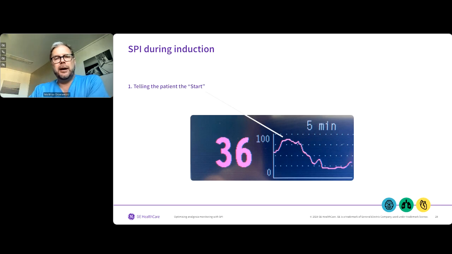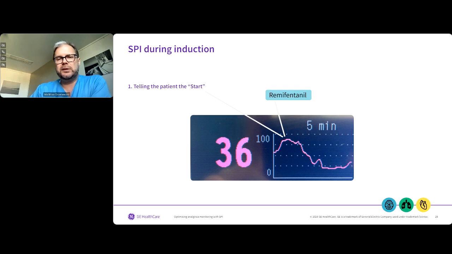Here we have a typical induction phase. We see the patient at the start of the procedure. Typically, there is a cardiovascular response when you tell the patient that you now start the procedure. This is a healthy patient.